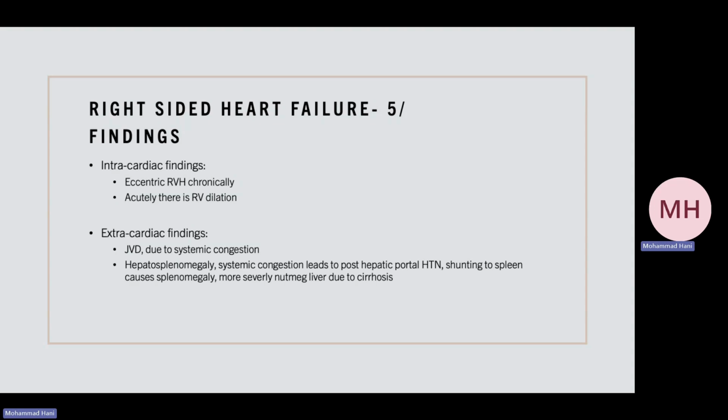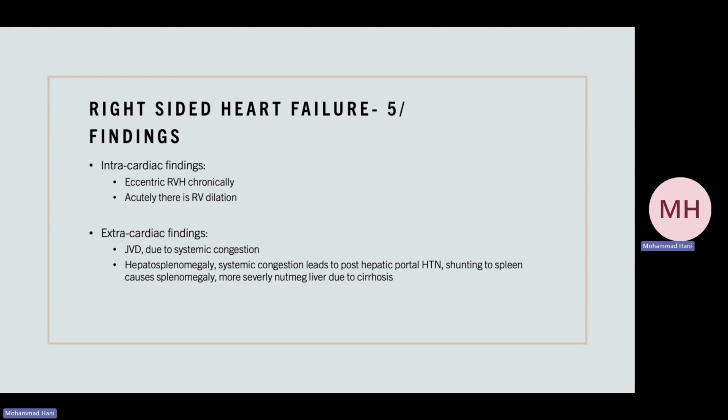Then you get hepatosplenomegaly. Hepatosplenomegaly occurs as follows: there is systemic venous congestion behind the right ventricle. Basically, every major vein in the human body that drains into the right atrium and then eventually into the right ventricle is going to be congested to a degree.